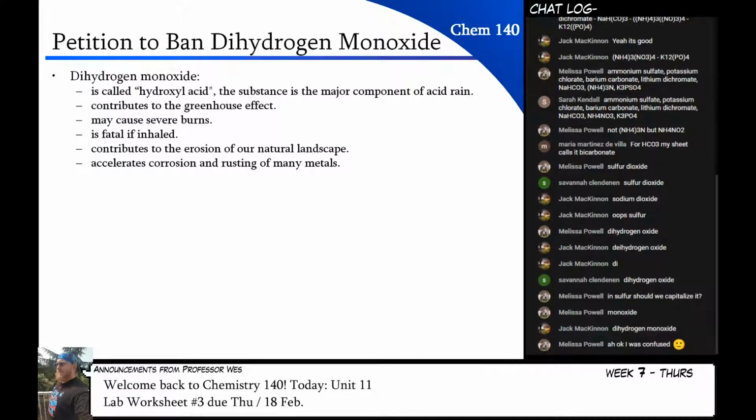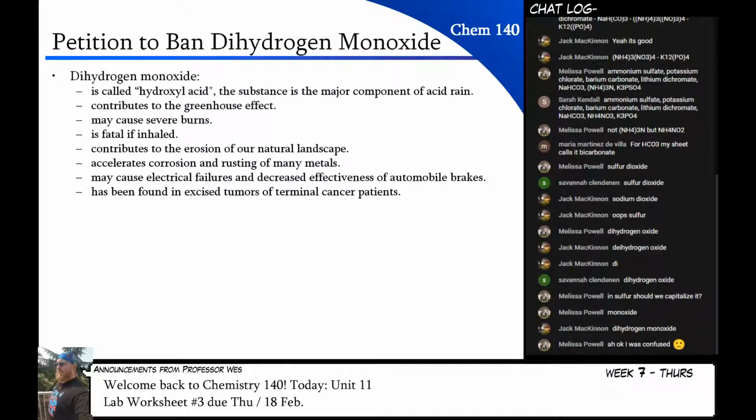Other stuff, like anything made out of metal, will eventually rust and decay. If you get it in any electrical circuits, it can cause them to short out and fail. It can ruin your automobile brakes. Every single person who has cancer or has died of cancer has dihydrogen monoxide in them. These are terrible, terrible things.